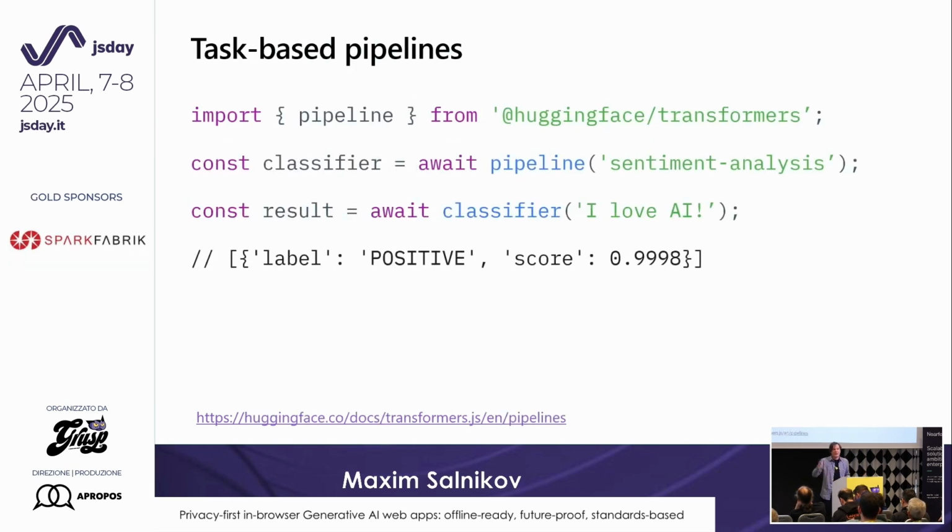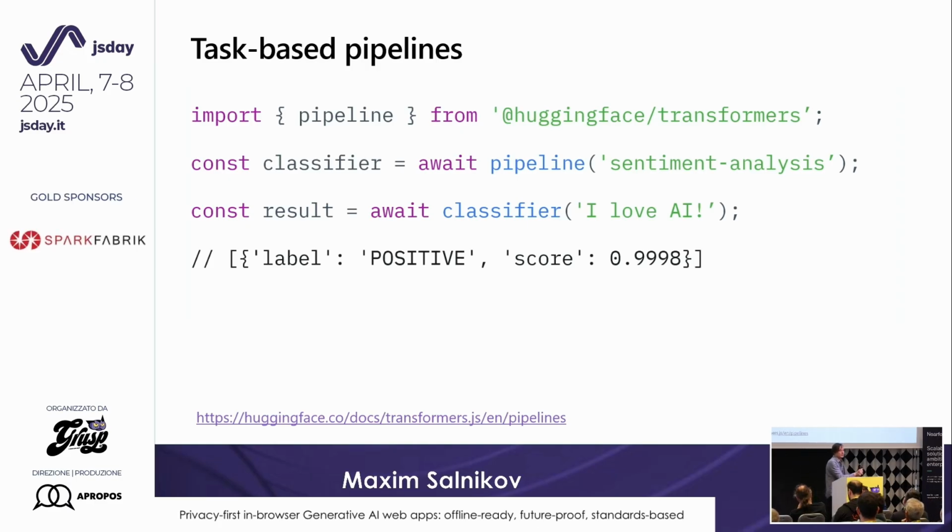And you can have a number of these tasks. The developer experience looks like that: you import pipeline, you create this method, and you just run this method. As simple as that. At the same time, if you go a bit deeper, you can configure this to use Web Neural Network.